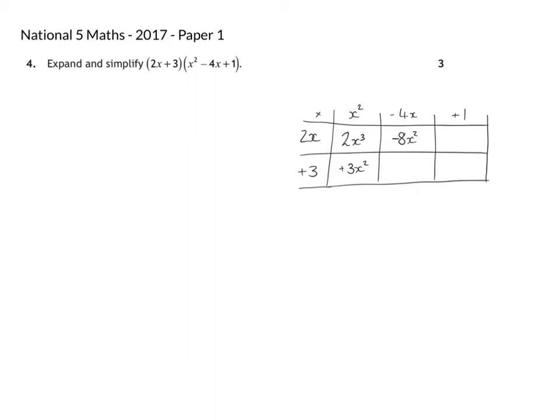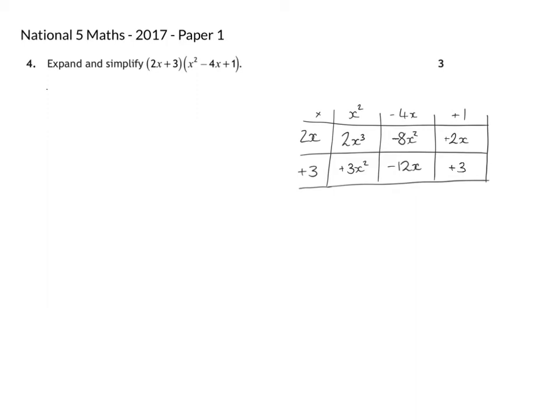And I've got negative 4x times plus 3, so I get negative 12x. I have then got plus 1 and 2x, so I end up with 2x in there. And then I have plus 3 and plus 1, so I have plus 3. We can put pluses in all the things that are positive.